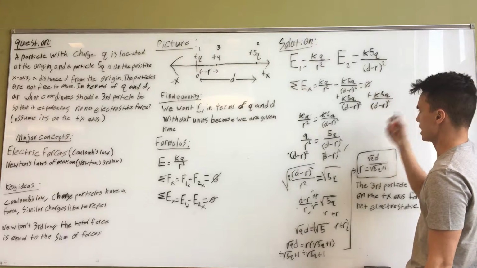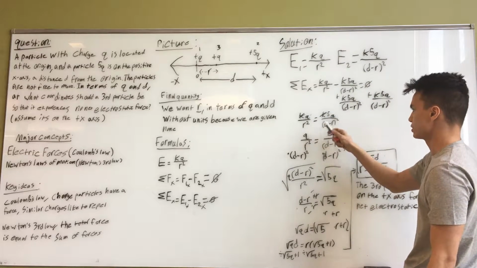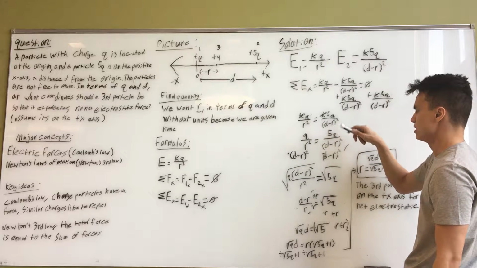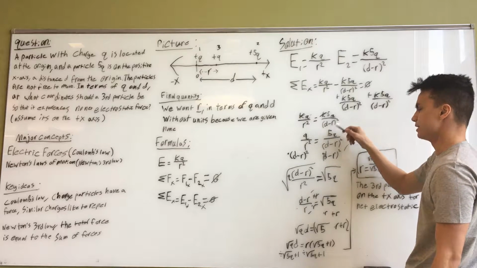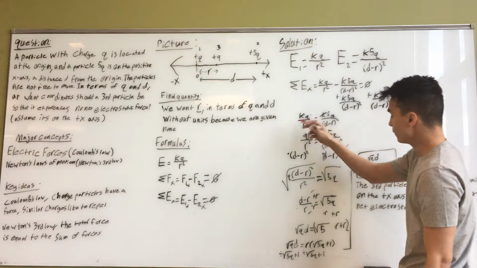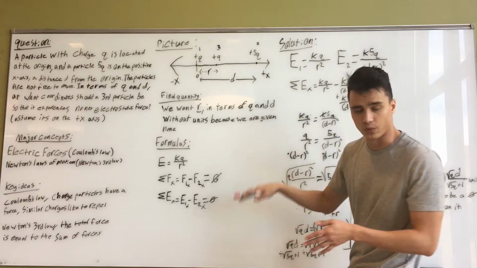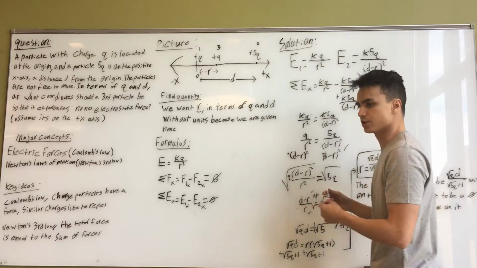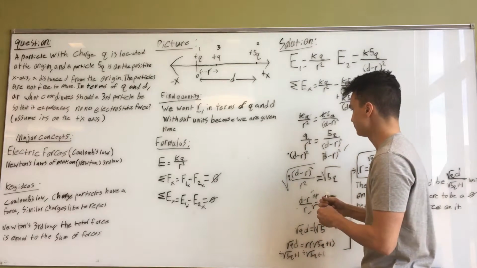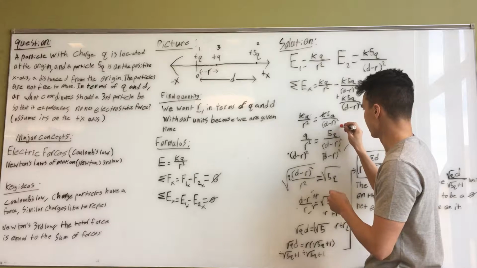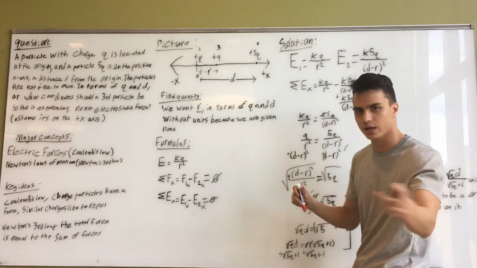Bringing this to the other side, we have kq over r squared equals k5q divided by d minus r squared. We can cancel out the k's. We could cancel out the q's if we wanted to, but we want it in terms of q, so we're going to keep it there for now. So we can bring our d minus r squared to the other side by multiplying.